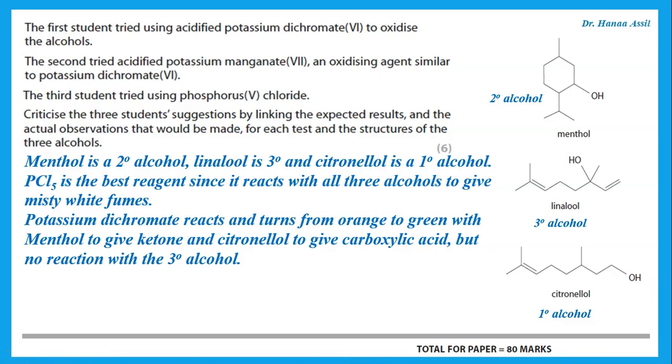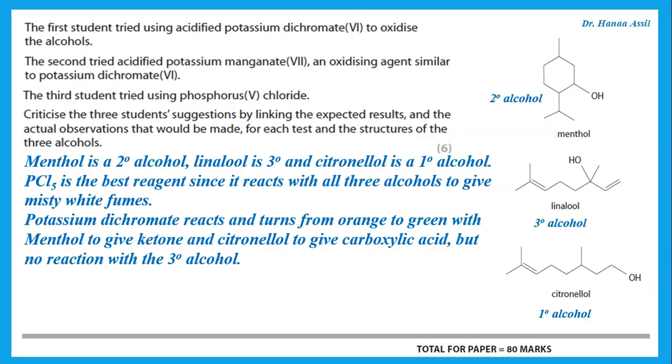Remember, the secondary alcohol, menthol, is oxidized to ketone, while the primary alcohol, which is the citronellol, would eventually give carboxylic acid. But the tertiary alcohol will not react, so this cannot be used as a test for the presence of an alcohol group in general.